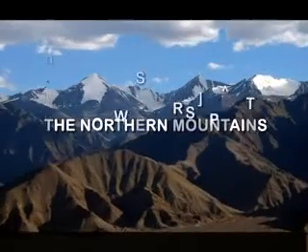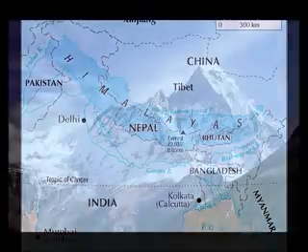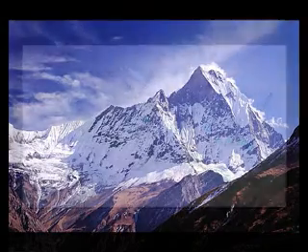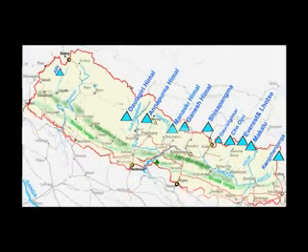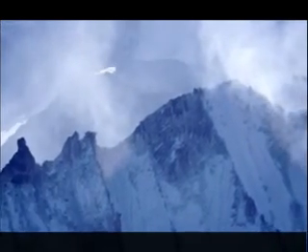The Northern Mountains, the Himalayas. The Himalayan mountain ranges start from the Pamir Knot in the west and extend up to Nagaland in the east. They have the highest peaks, deep valleys, glaciers, etc.